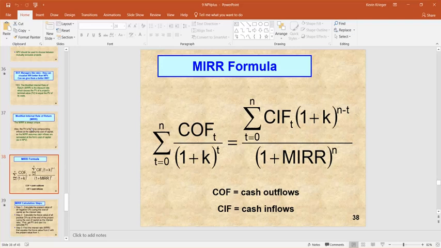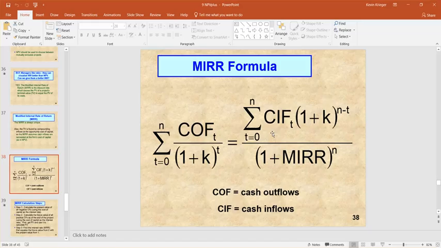You're trying to find exactly the rate that makes the present value of all of your cash outflows equal the future value of all of your cash inflows.